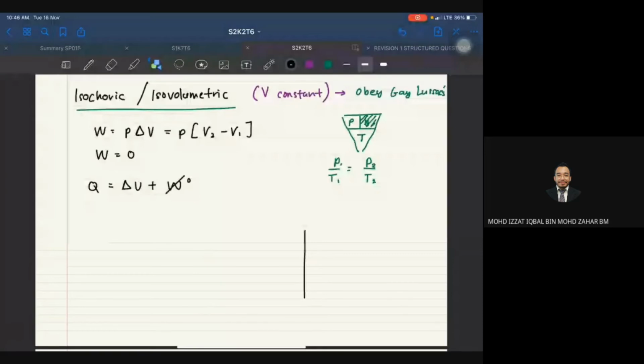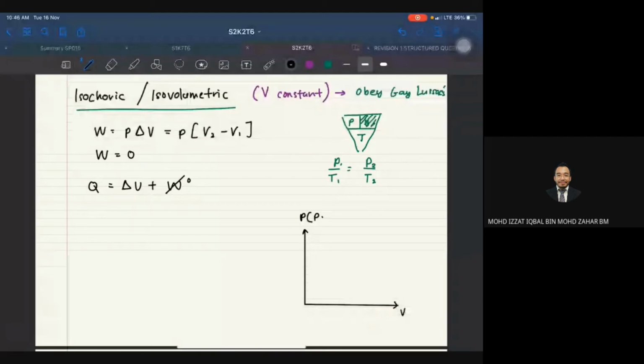For the PV graph, okay, katakan saya punya proses tu bermula daripada sini. Start from there. Okay, dia kata proses tu volume dia adalah constant.